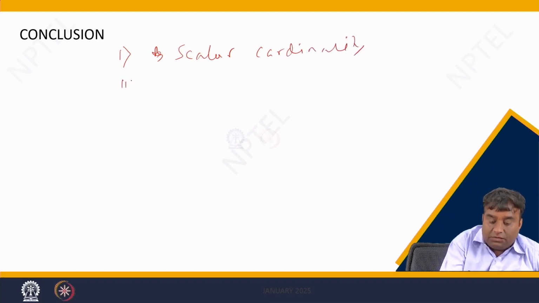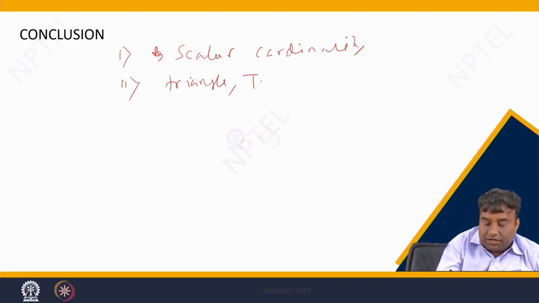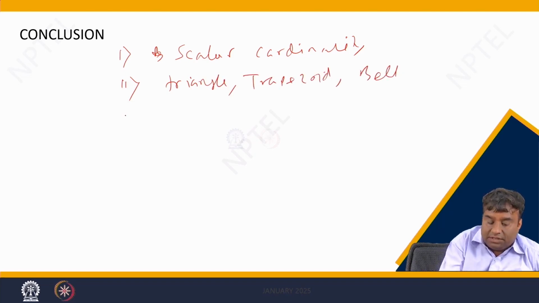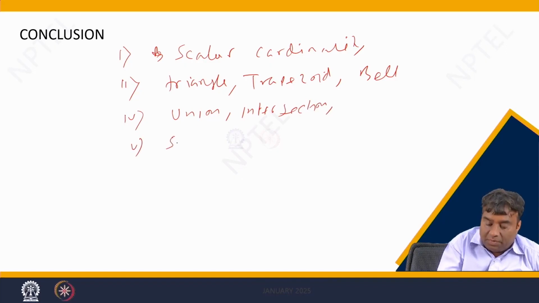We have understood some membership functions like triangle, trapezoid and bell with examples. Second, two basic operations, union and intersection, and some properties of the basic operations with their proofs.